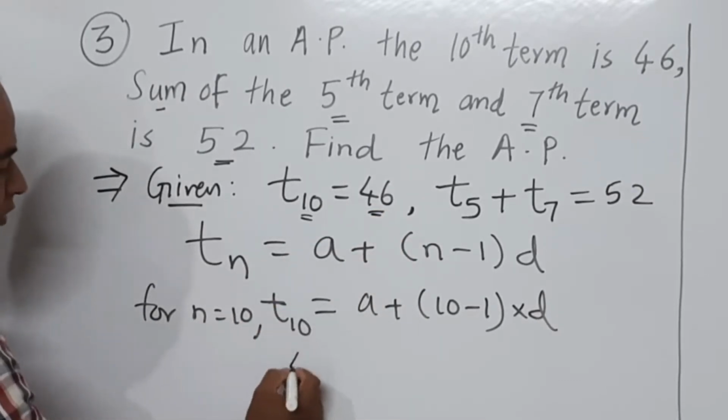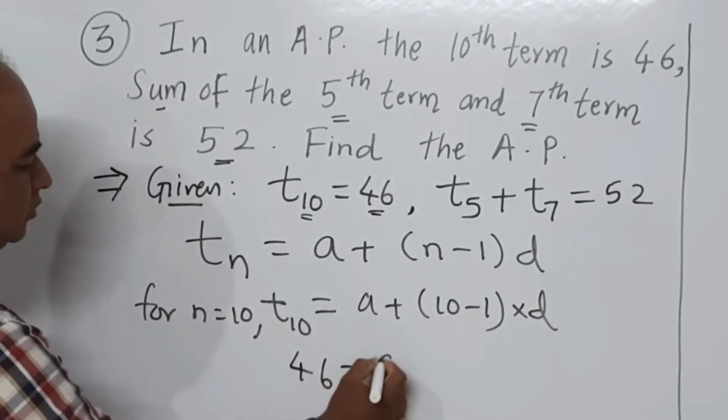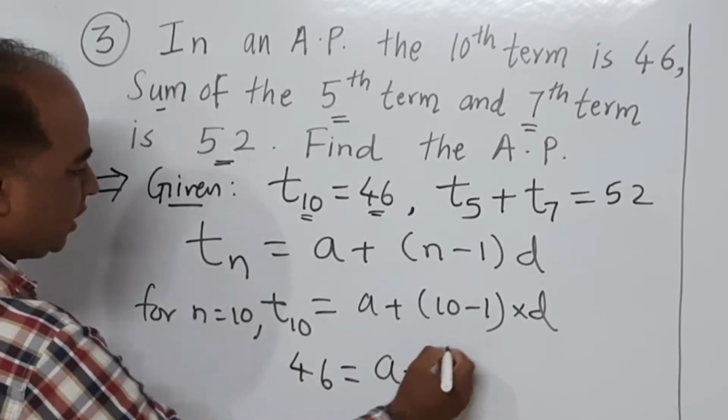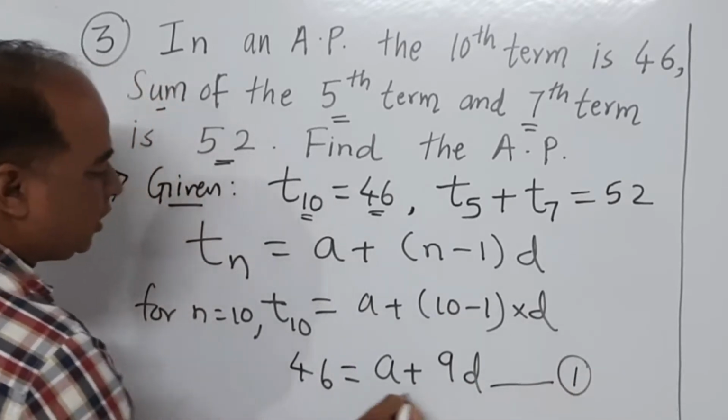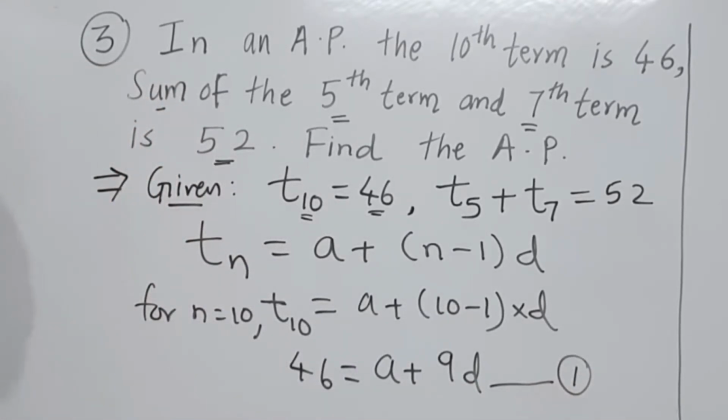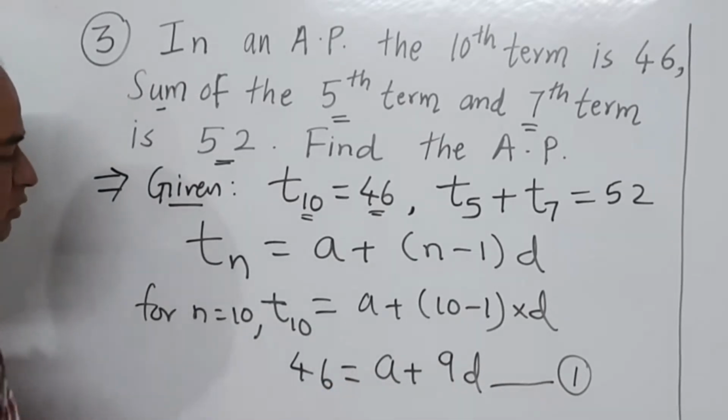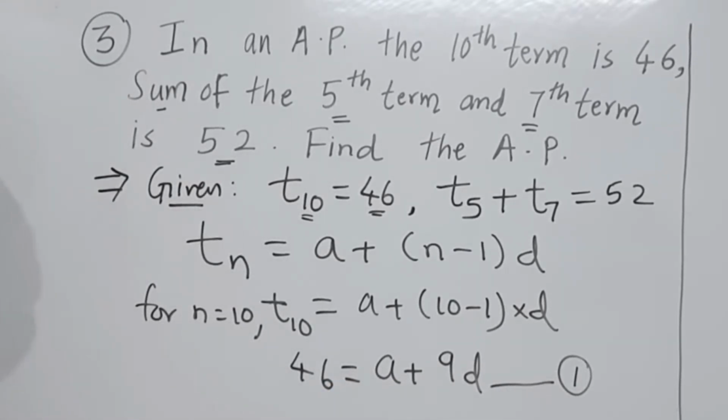We will substitute this value here. So 46 is equal to A plus 9D. This will be our equation number 1 in variables A and D, that is 46 is equal to A plus 9D.